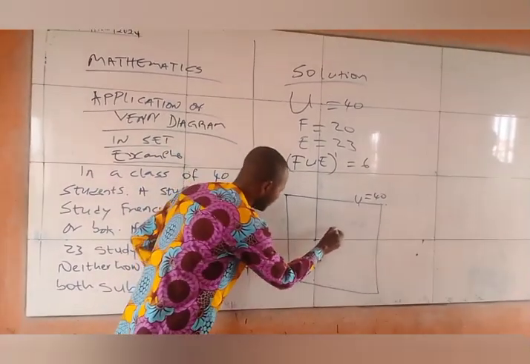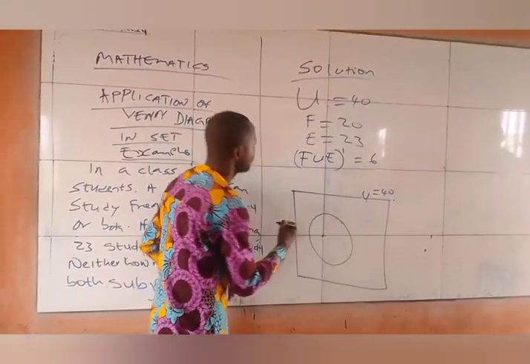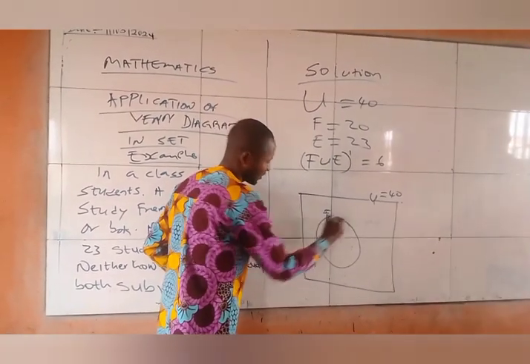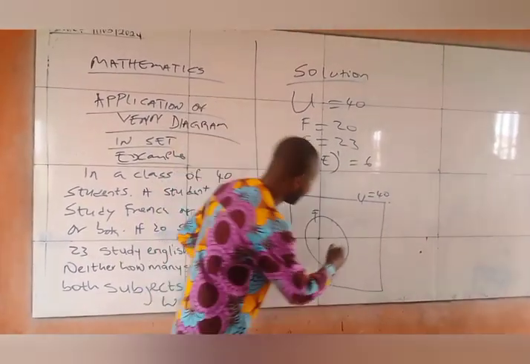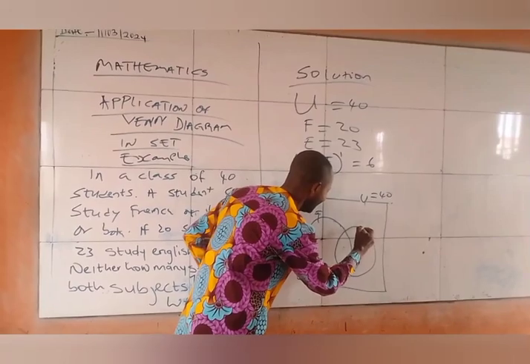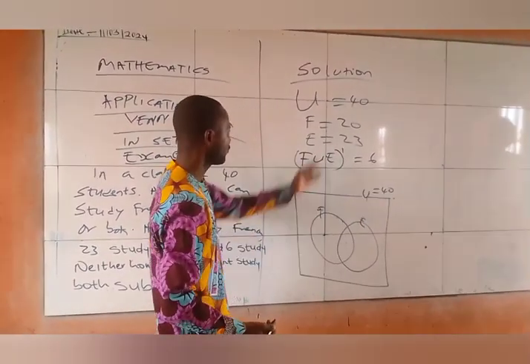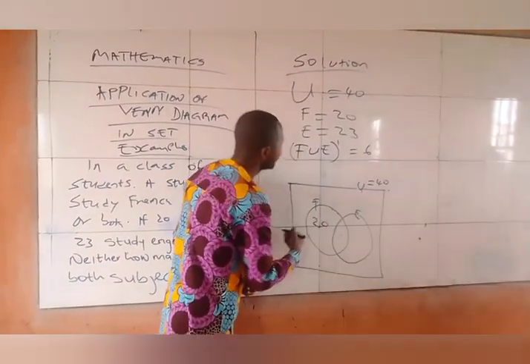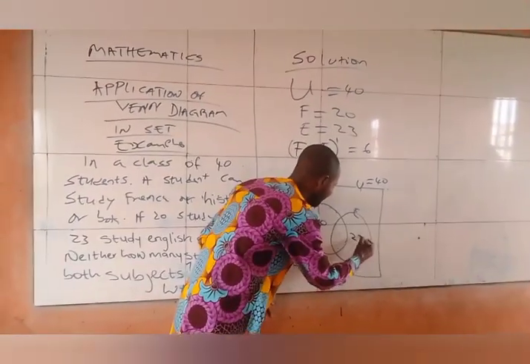Let's assume this circle here is for those studying French, and the second circle here is for those studying English. So here for French we have 20, for English we have 23.